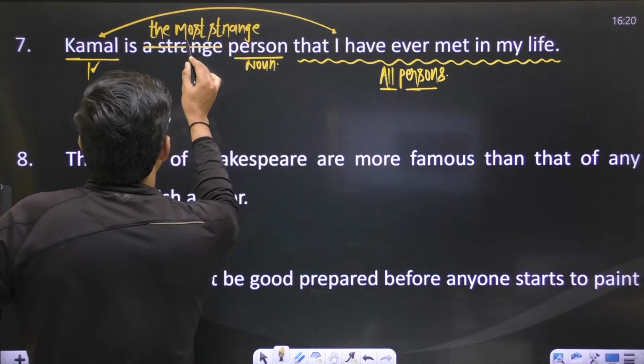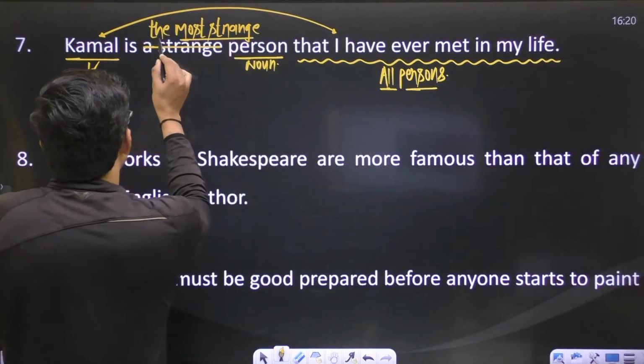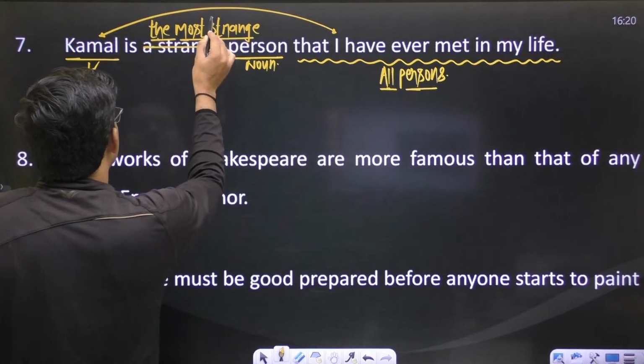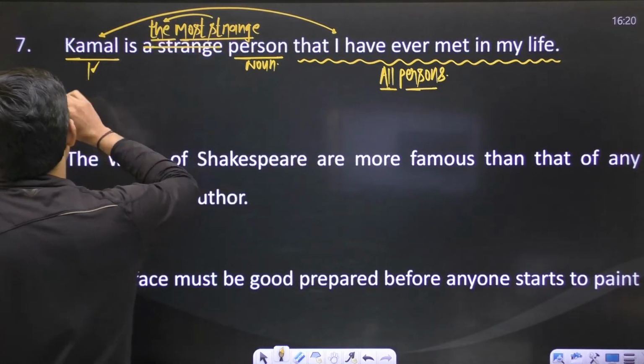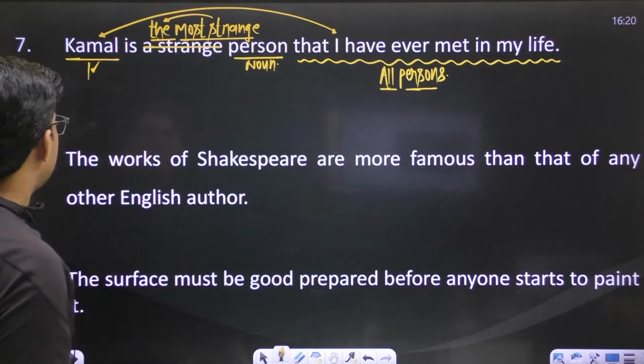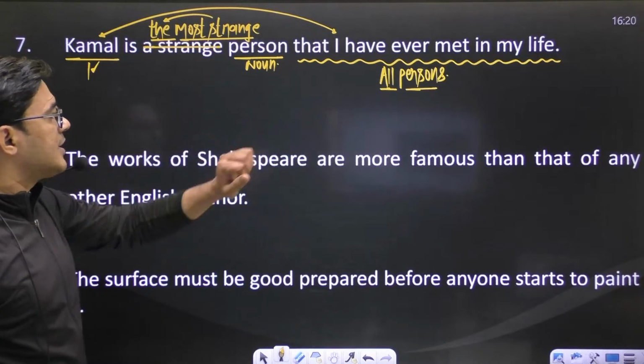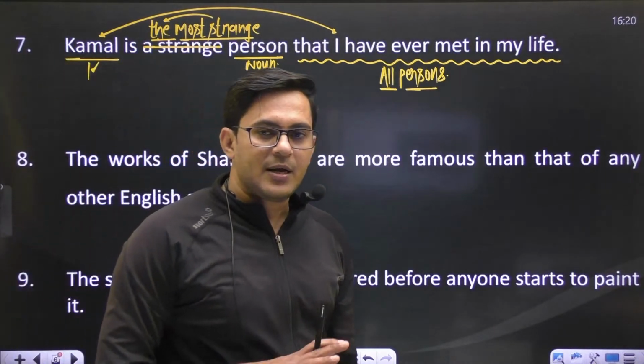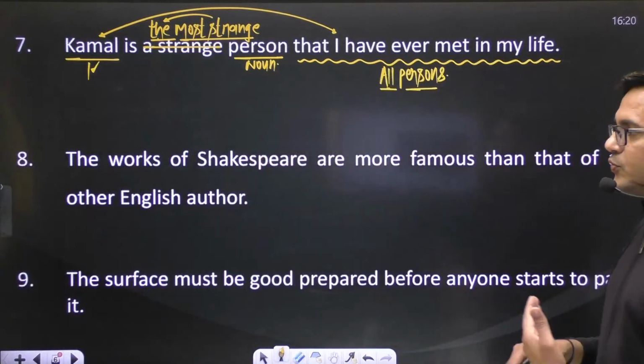This is superlative degree, and we use the article the before an adjective of superlative degree, right? So the sentence will be like, Kamal is the most strange person that I have ever met in my life, right? Okay, move to the next sentence.